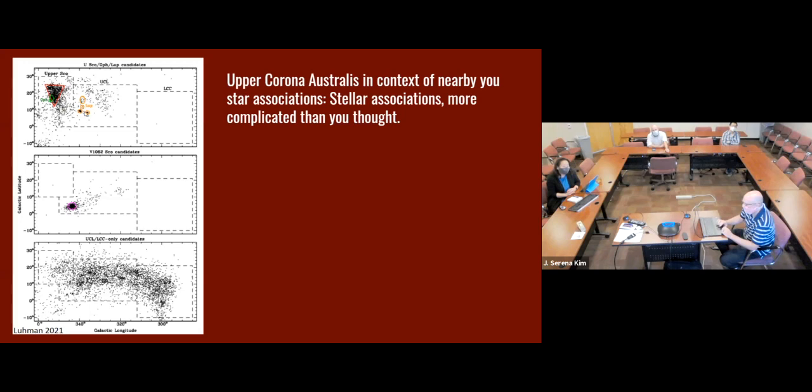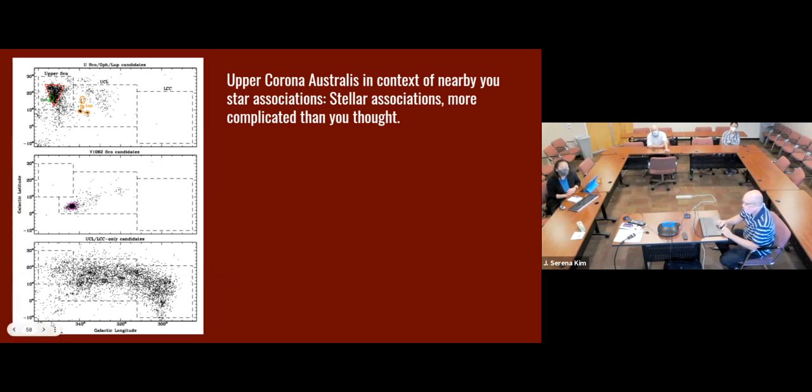You have the Lupus stars that are actually just sitting here projected right on Upper Centaurus-Lupus. This is something that somebody else found, forgetting their name, but they noticed that there's this huge cluster right here of V1062 Sco and these others, and they all have different ages and they're just spread all over.